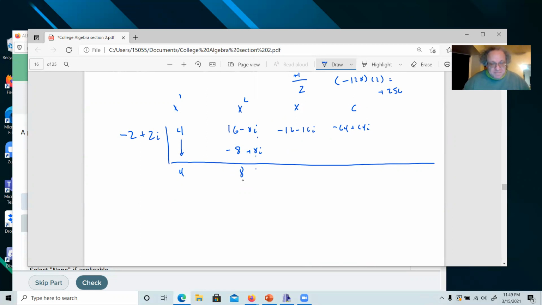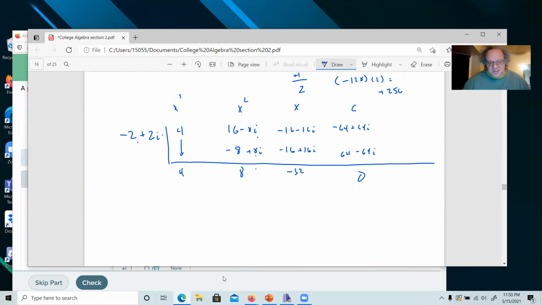That's encouraging. Now we have to do -2 plus 2i times 8. So that's going to be -16 plus 16i. Again, that's very encouraging. -16 and -16 is -32, but there are no imaginary parts here. And then we're going to have 64 minus 64i. Oh, what do you know, that just turned out to be 0.